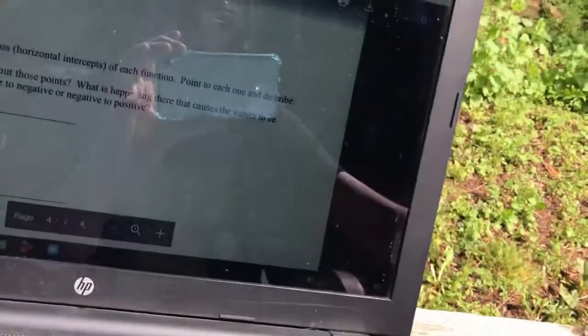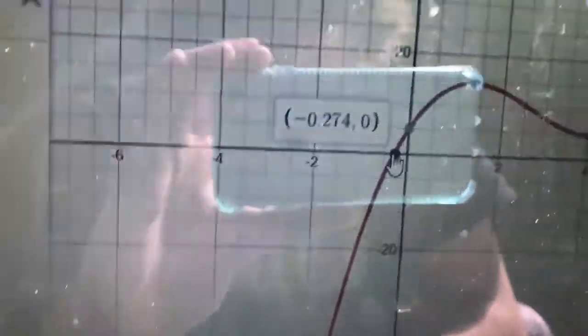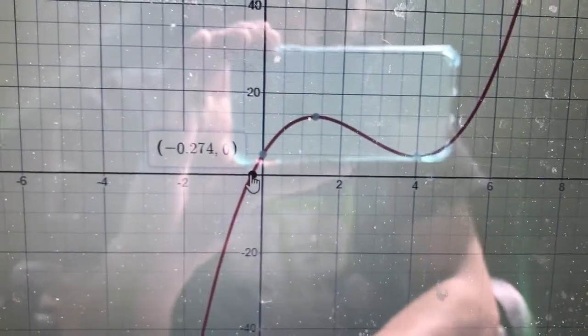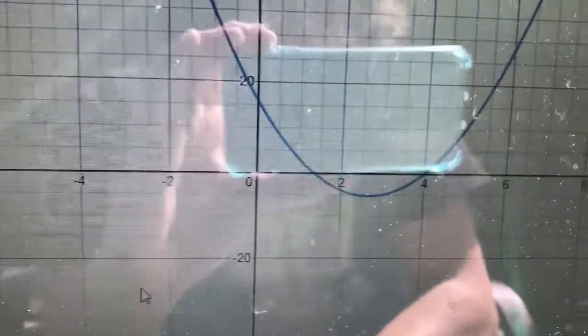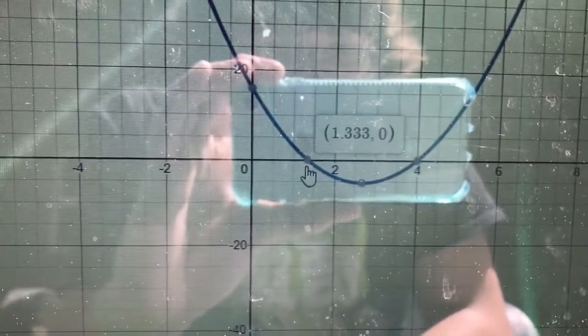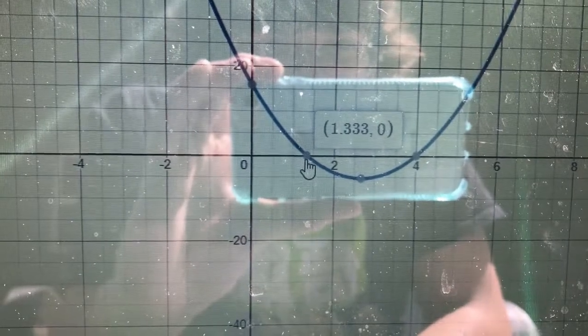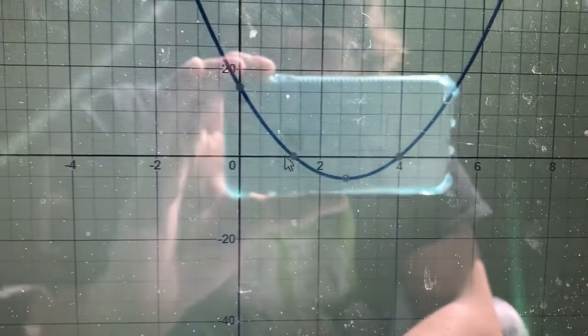So if we look back on the parabola, our zero for the s of t function is insignificant because it's negative. But our zeros on the parabola, the velocity function, are significant because at this point our velocity is 0, and at this point our velocity is 0.